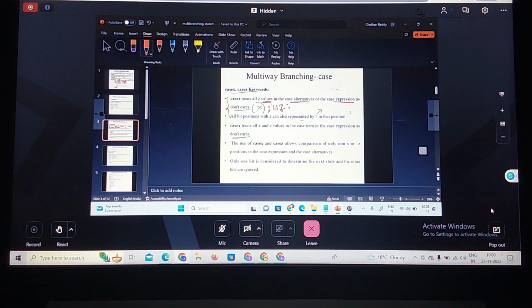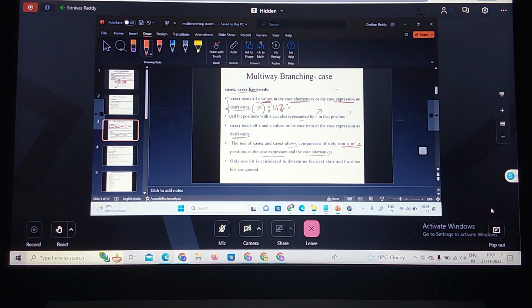So the use of case X and case Z allows the comparison of only the non-X or non-Z values in the case expression and the case alternatives.